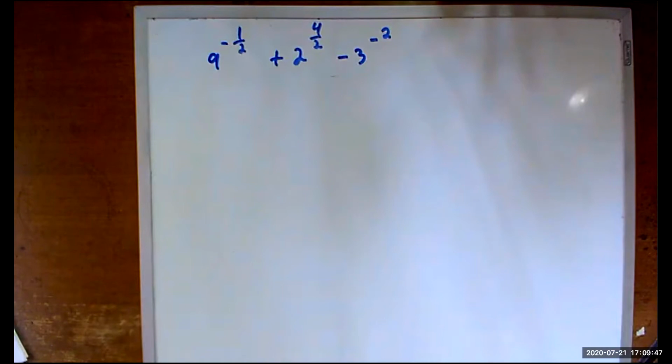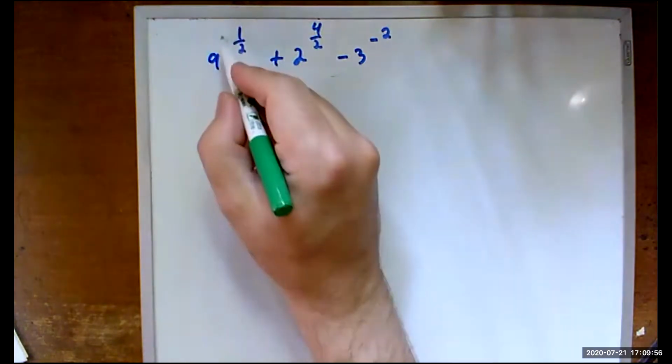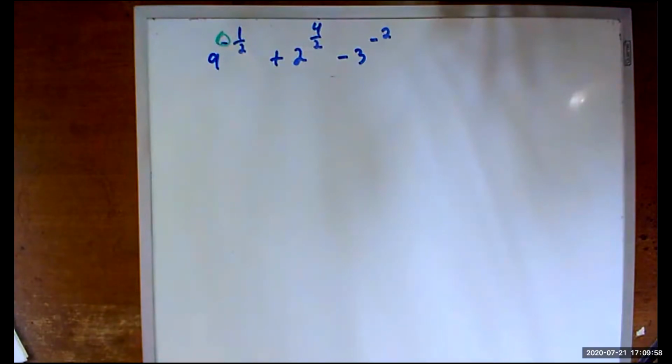Nine to the power of negative 1/2. There's a couple of things happening in there at the same time. We have the negative, which is telling us to put it on the other side of the fraction, and then we have the 1/2, which is asking us for the square root.